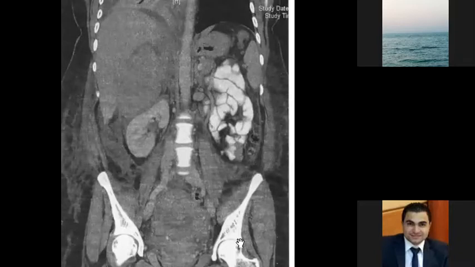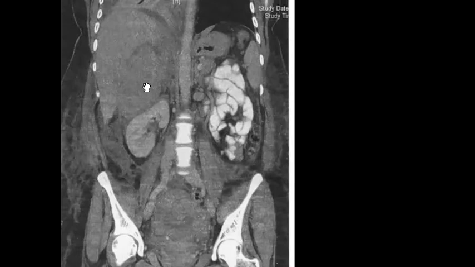So yes, it's a hard case, but when you find the hematomas, retroperitoneal, around the liver, liver injury, all this, you start to think about something else.